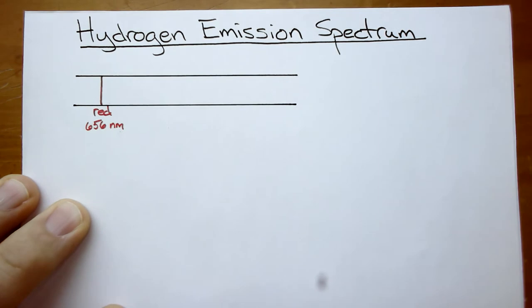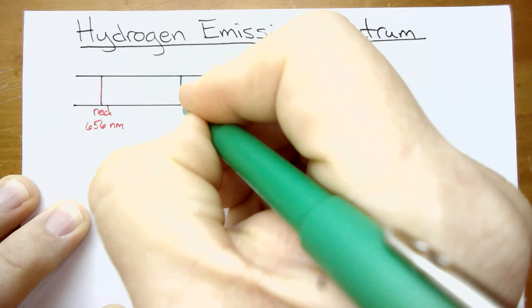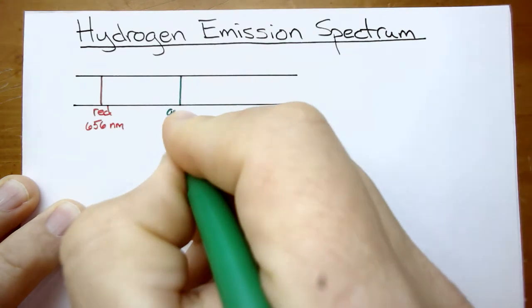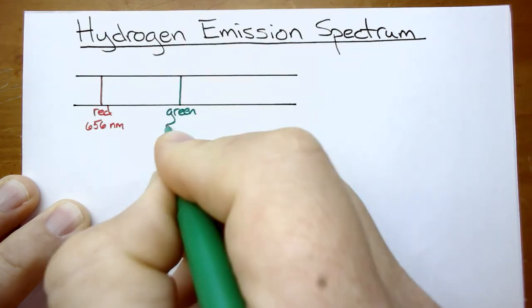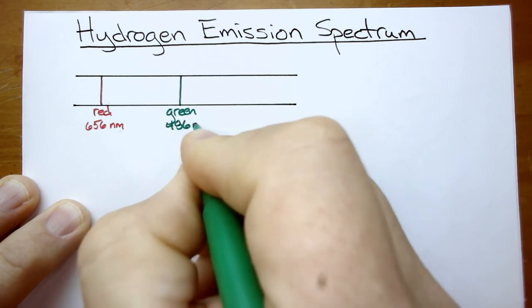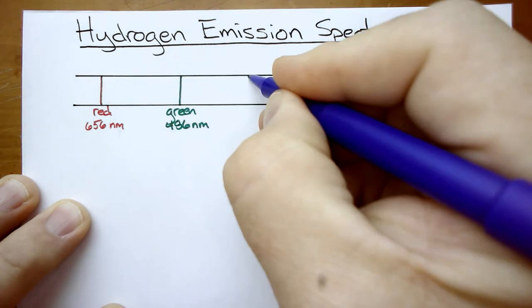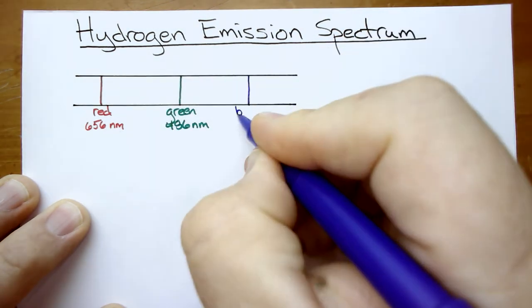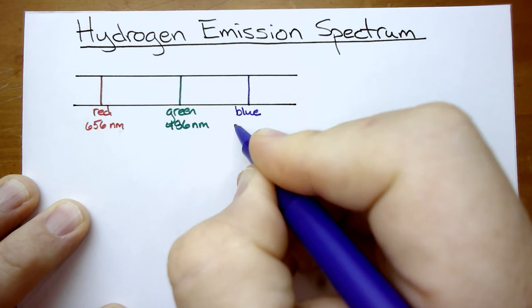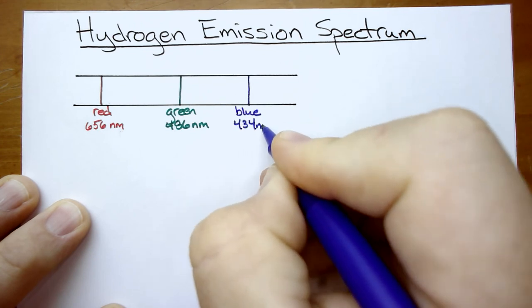And then we have the green line at 486 nanometers wavelength. And a blue one over here, so blue at 434 nanometers wavelength.